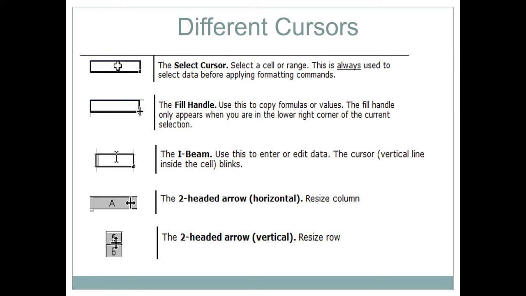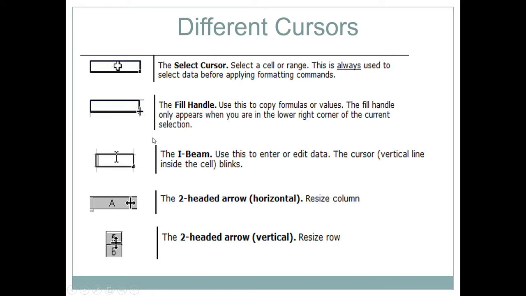When we point at that little box, we get the fill handle. The fill handle is used to copy formulas or values from inside the cell to other cells. For example, if I had a 3 in this cell, I could copy that 3 into multiple cells instantly using that fill handle.